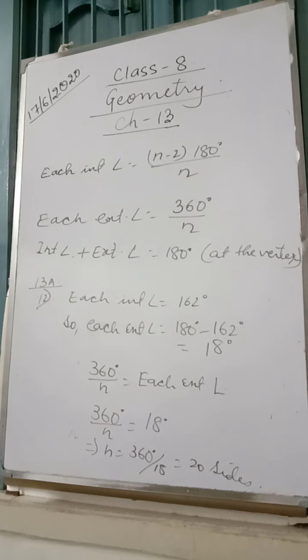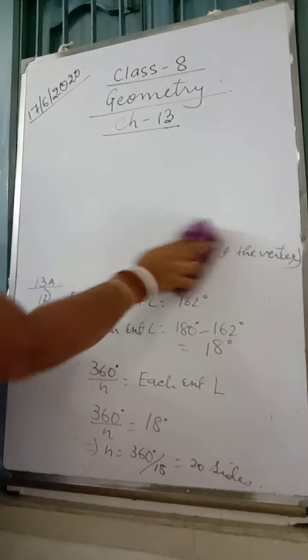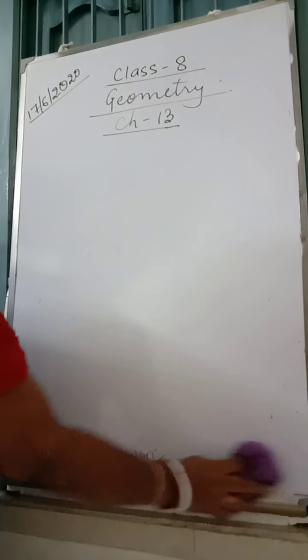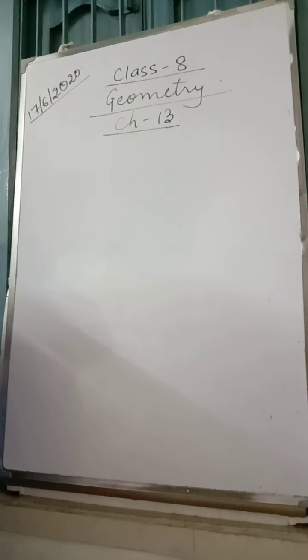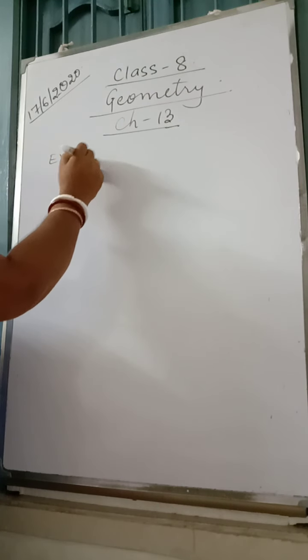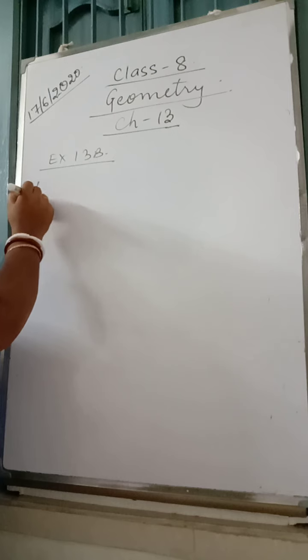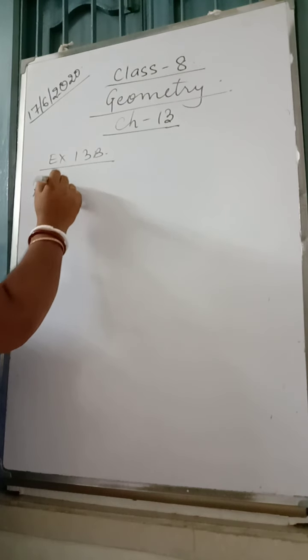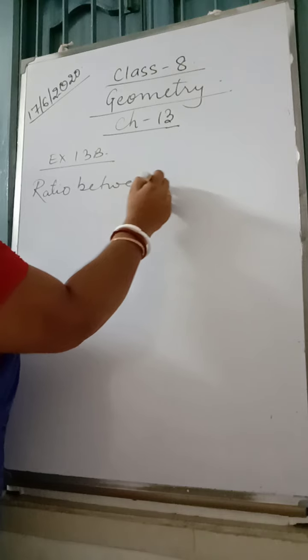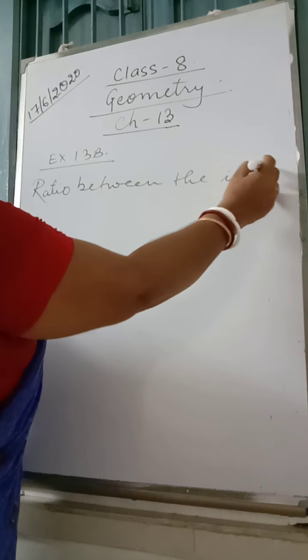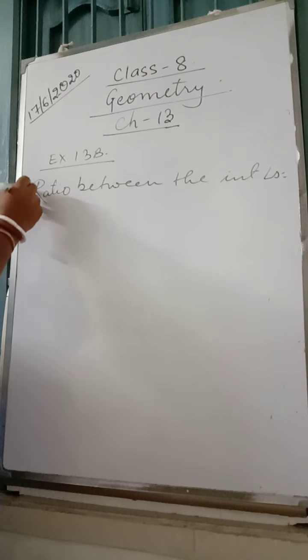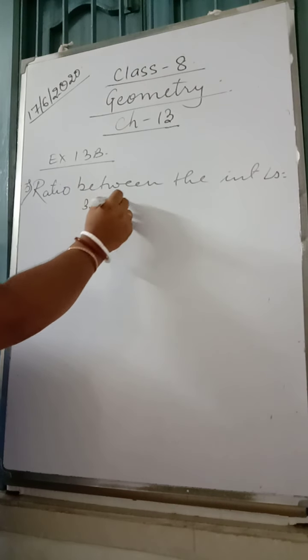Here we have the ratio. Exercise 13B. This is related to quadrilaterals only. Ratio between the interior angles is equal to 3:4:5:6, question 5.